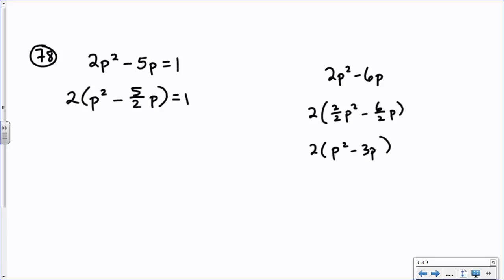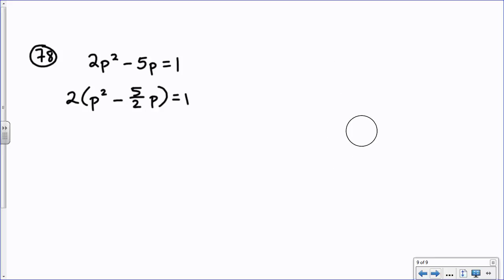If I said factor 2p squared minus 6p, you'd have 2 and then p squared minus 3p. You would go right to this, but what you're doing is dividing both of those by 2. Since 2 does not go into 5, I have to write it like this, just 5 over 2. Now let's divide both sides by that 2 to get rid of it.